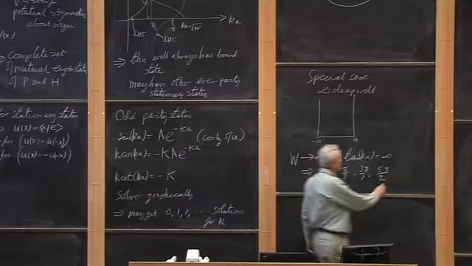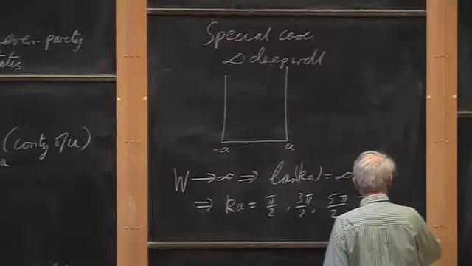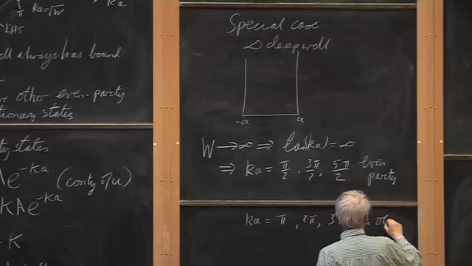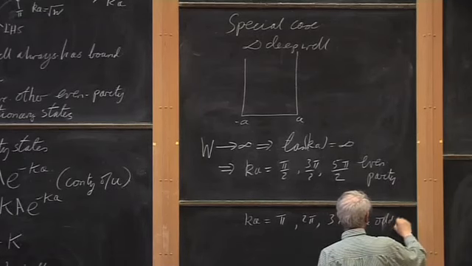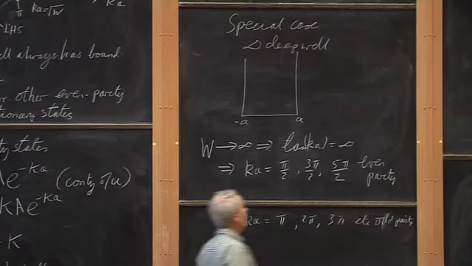So these are going to be the even parity states, and then we will find that Ka is equal to pi, 2 pi, 3 pi, etc. for the odd parity states. So the infinitely deep well will have an infinite number of solutions.